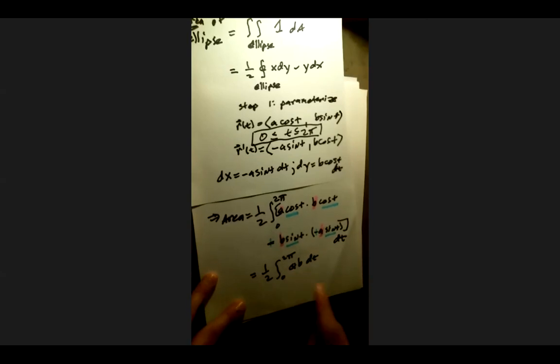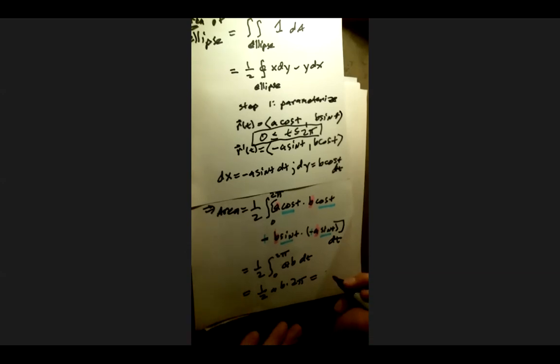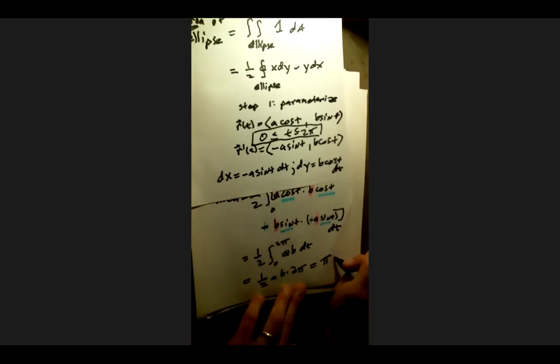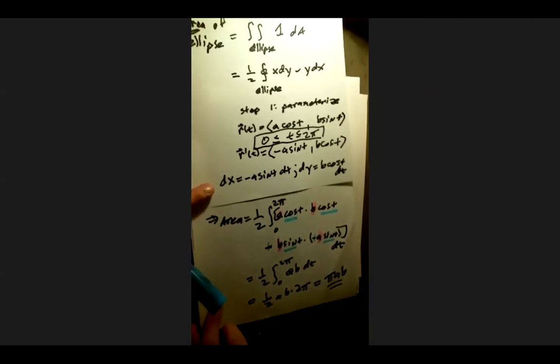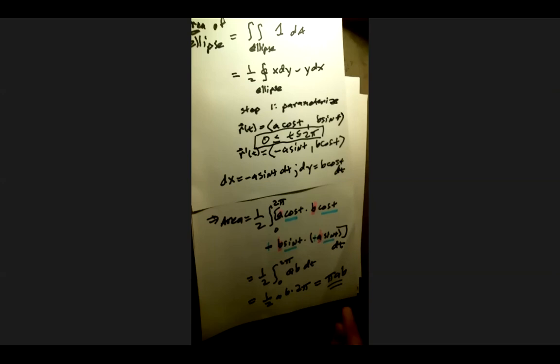No t's involved, so this would simply be 1/2 ab times 2 pi, or ab pi, or pi ab, whatever you want to call it. Super slick, fast derivation of the area of an ellipse.